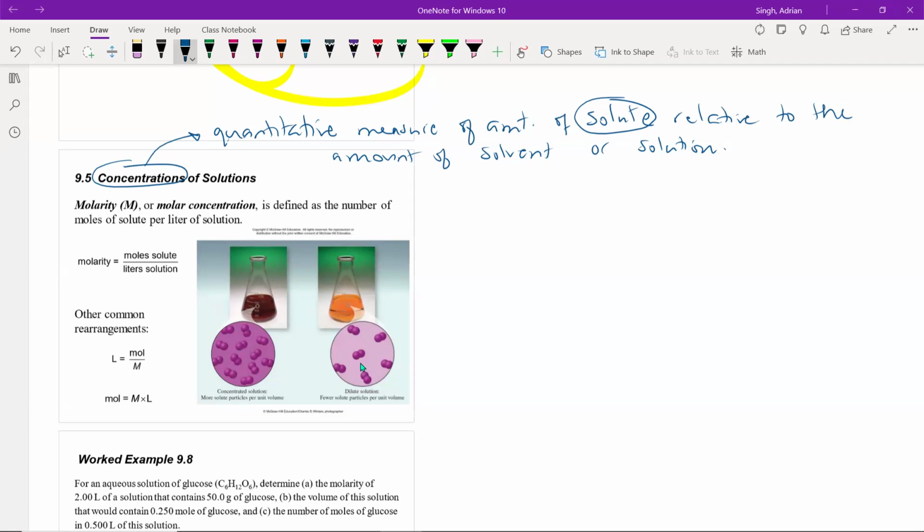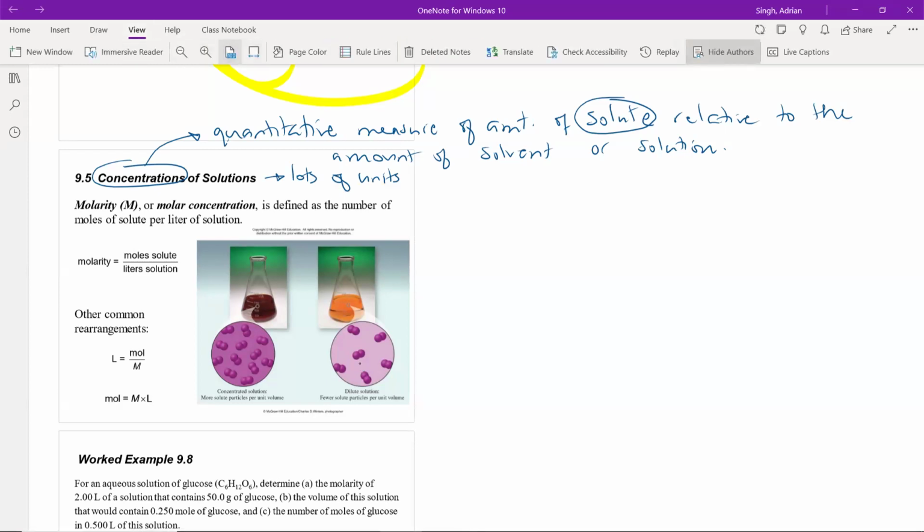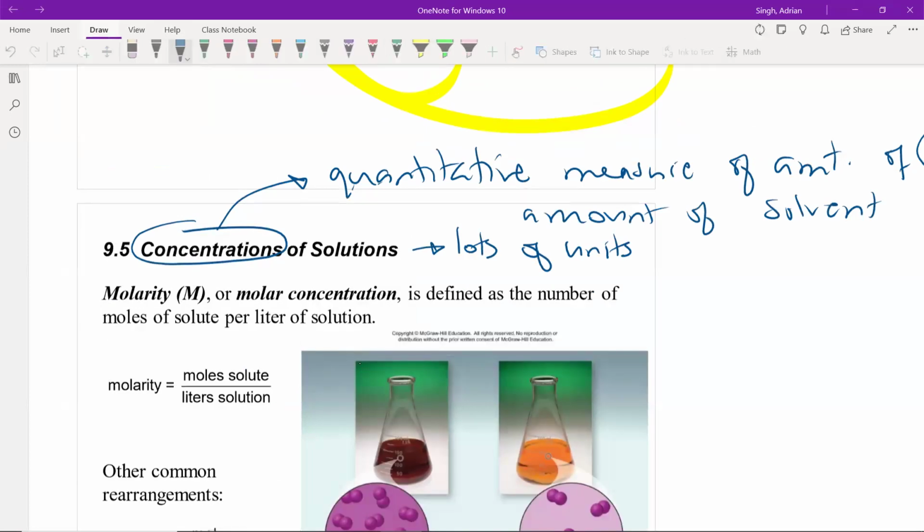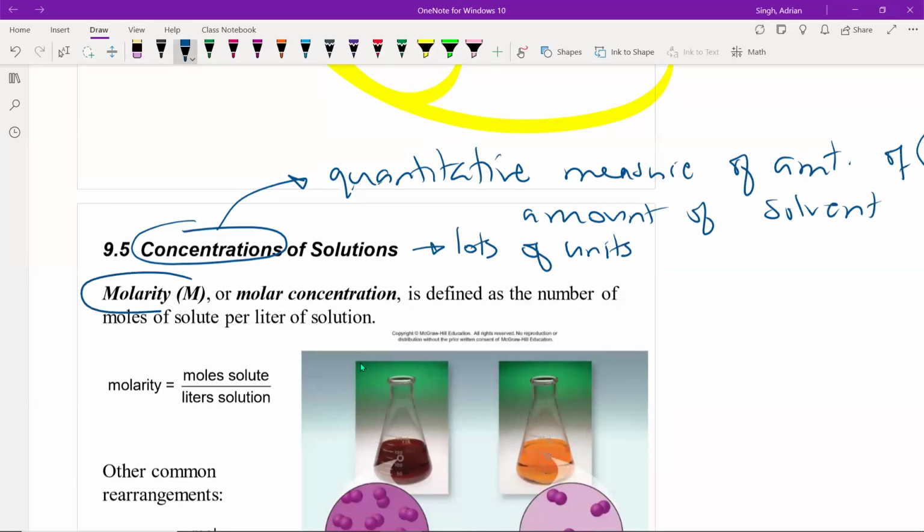Now we're going to see several different concentration units. So there are lots of different units that we will encounter. Probably the most common and widely used concentration unit that we're going to see in chemistry is something called molarity, which is abbreviated big M. And this is also referred to as the molar concentration.